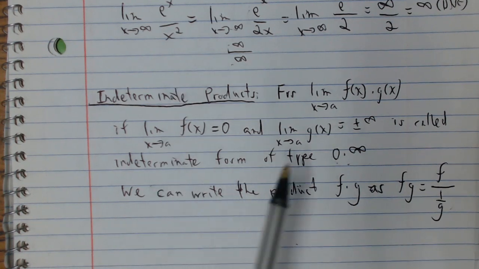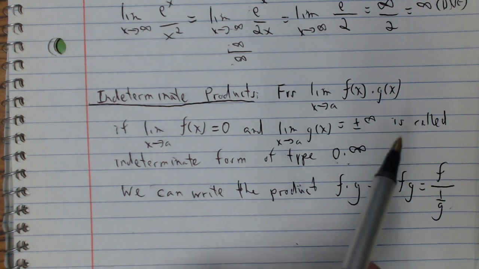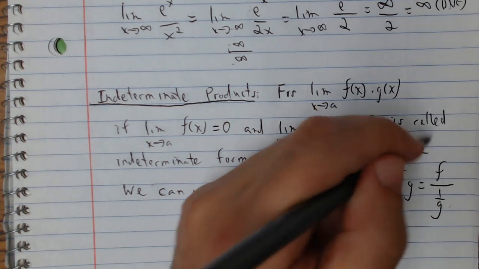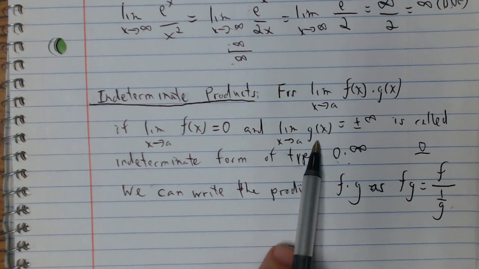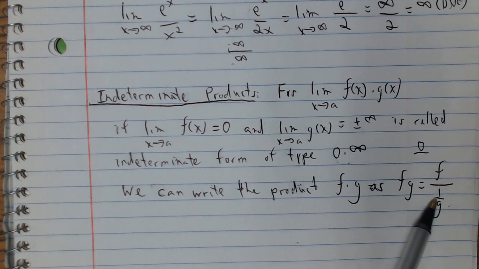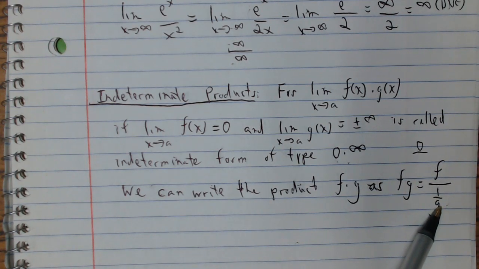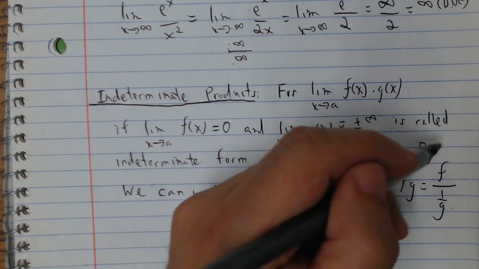Now why do I prefer this notation? Because look at what's happening. As x approaches a, f approaches 0, so the f on top is 0. And as x approaches a, g approaches plus or minus infinity. Now what's 1 over infinity? We did that earlier in the semester: 1 divided by infinity is actually 0.